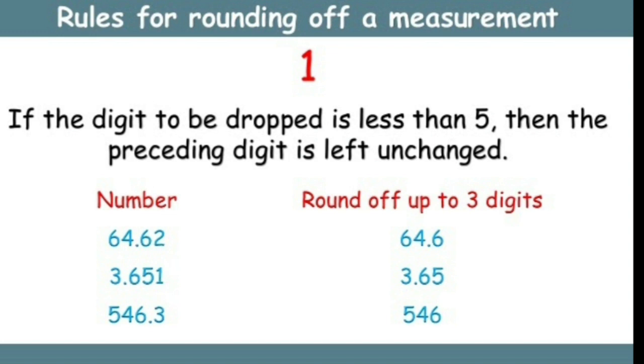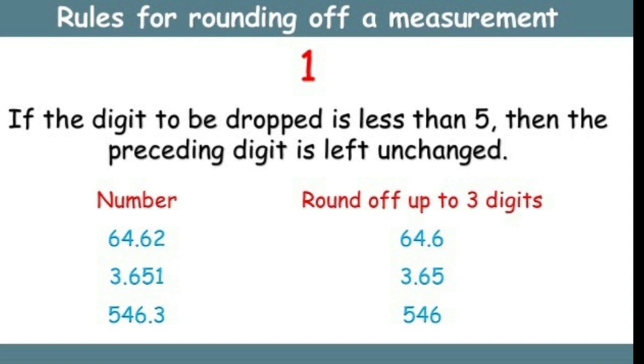If the digit to be dropped is less than 5, simply drop that number without making any change in the preceding digit. Which is the preceding digit here? Just before 2, which digit comes? 6. Okay, so that 6 remains unchanged. So the value becomes 64.6. Next is 3.651. Here the number to be dropped is 1, because our aim is to get 3 significant digits. So that 1 is simply dropped.